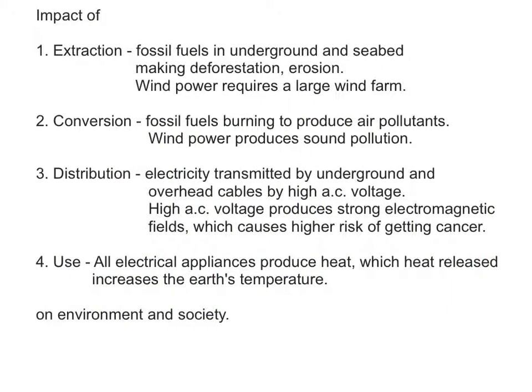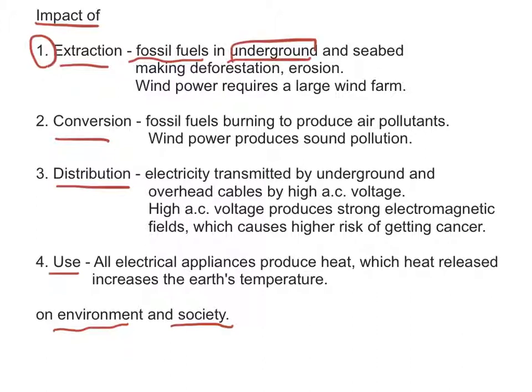Let's see the impact of extraction, conversion, distribution, and use of energy on environment and society. First, for extraction, fossil fuels are found underground and on the seabed, which cause deforestation and erosion.